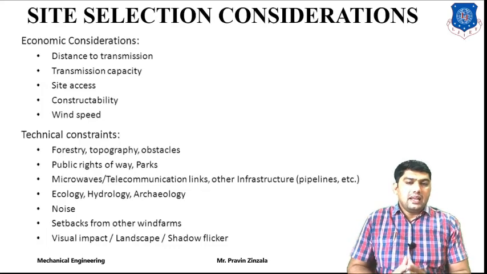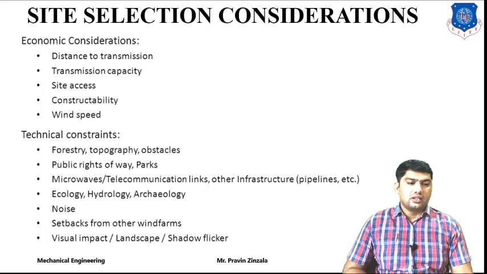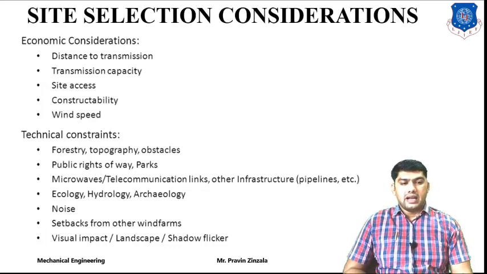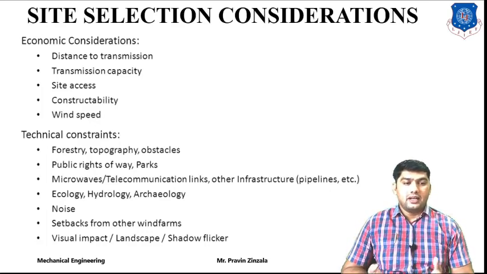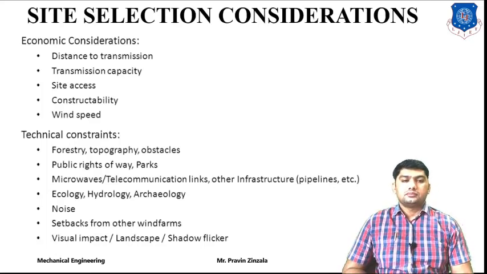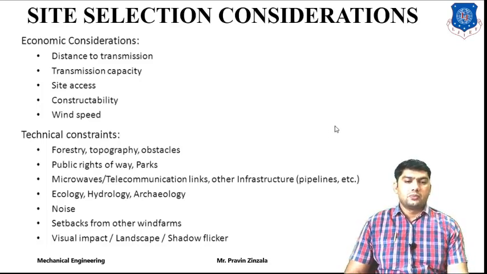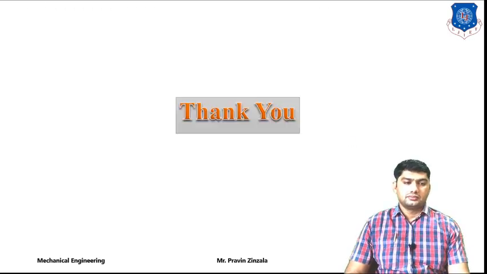So these are the many site selection considerations for installing a wind turbine. We have to consider the availability of land near the load center, availability of wind speed, transmission, transportation, and construction. There are many factors we have to consider for site selection of a wind turbine.